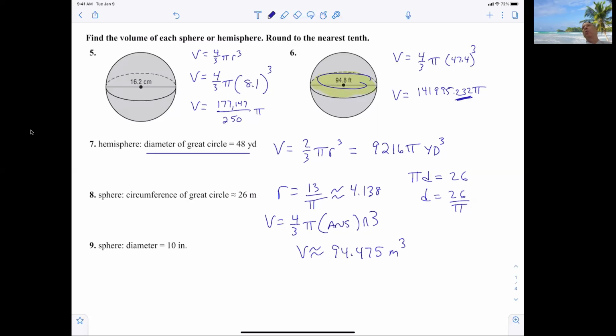There's no way, when you're dealing with irrational numbers, to convert it to a rational number. You with me on this? So when we take 13 divided by pi, it's irrational. If I cube an irrational number, it's still going to be irrational.